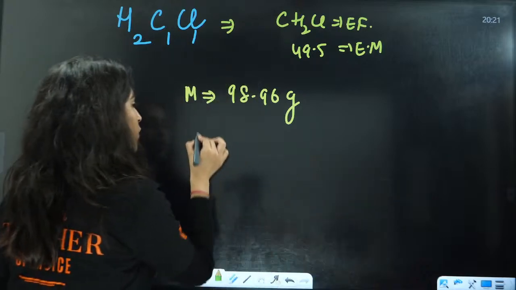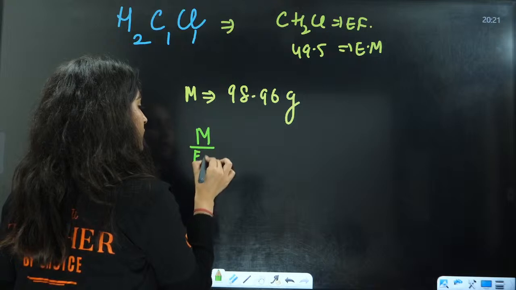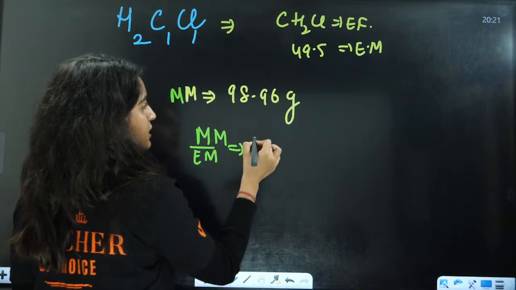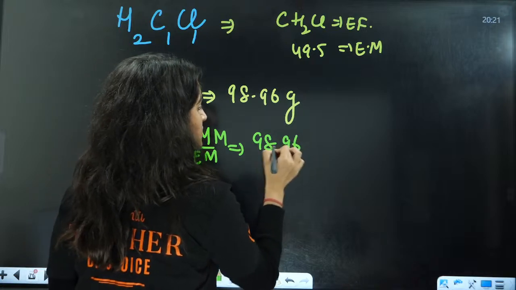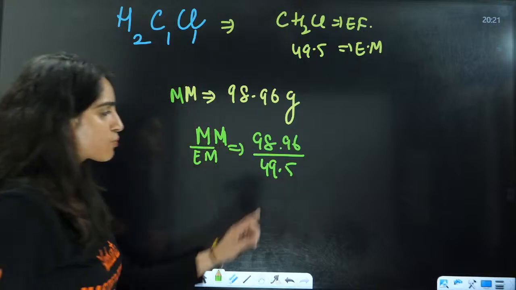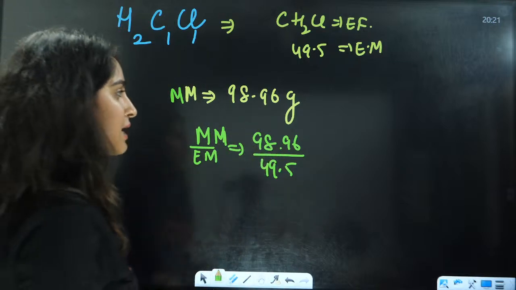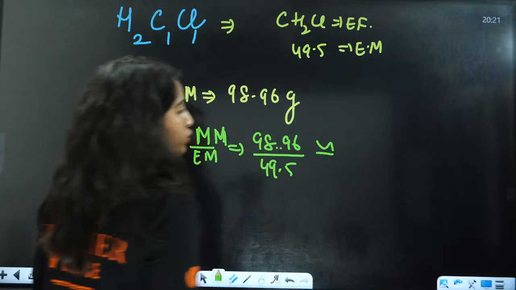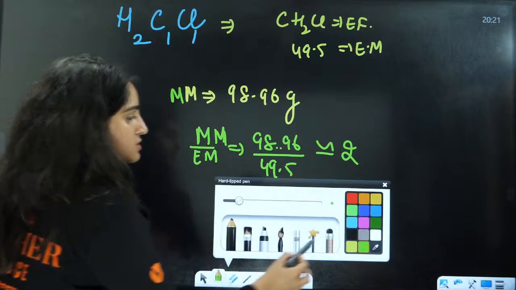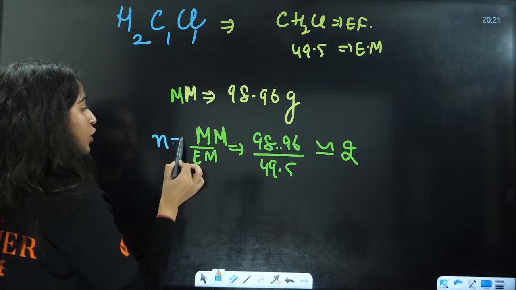So you have the empirical mass. Divide these two: molecular mass divided by empirical mass equals 98.96 divided by 49.5. This is approximately double, so that is approximately equal to 2. This is the value of n.